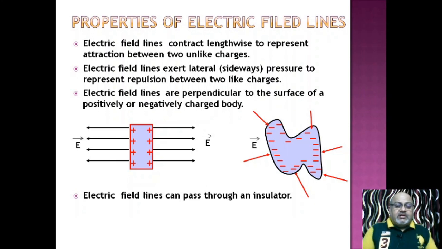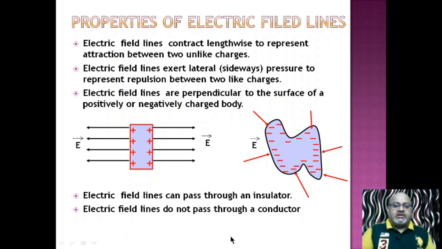So, electric field lines can pass through an insulator, but they cannot pass through a metal or conductor. See, they are not passing through. See, in this case, both are conductors. What does it mean? It means that there is no field inside the conductor. If you charge the conductor, the whole of the charge will remain on the surface.